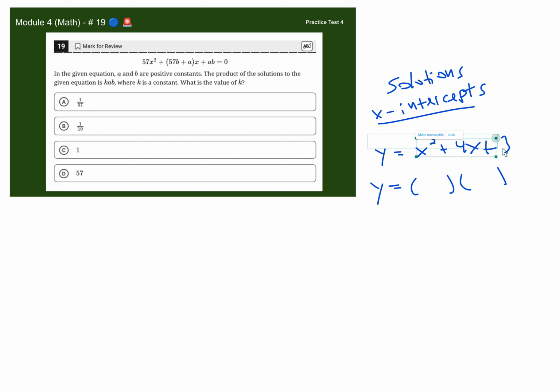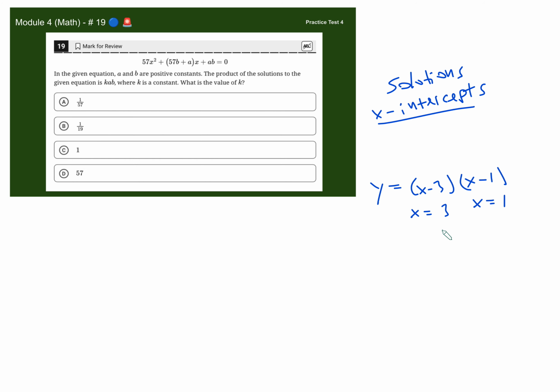Let's pretend that it factors to something like x minus 3 and x minus 1.